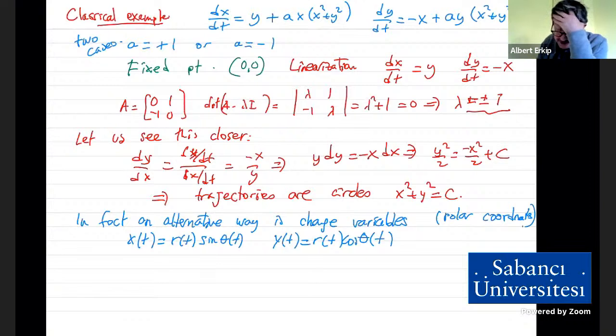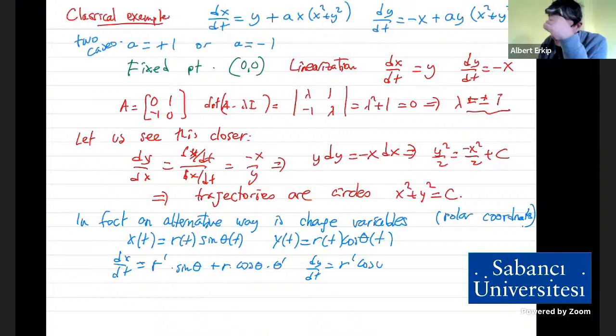And then, what is dx dt? dx dt would be r prime of t times sine theta plus r times cosine theta times theta prime, and dy dt would be r prime cosine theta minus r sine theta theta prime.